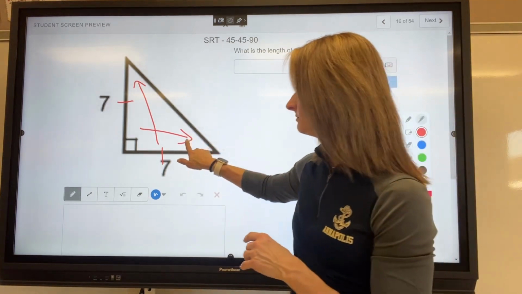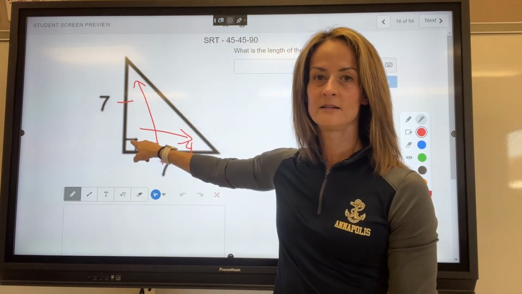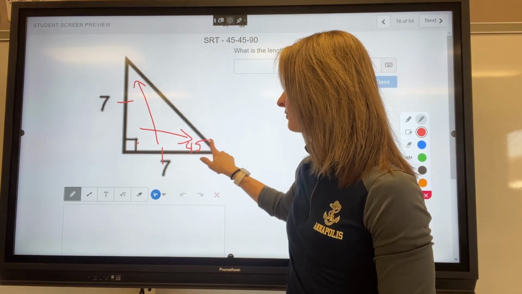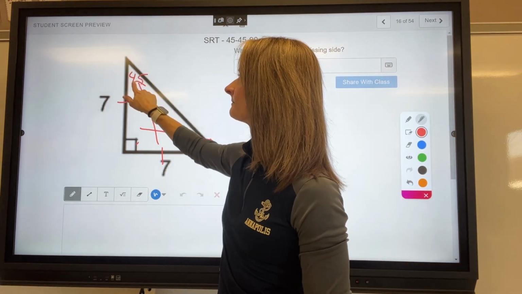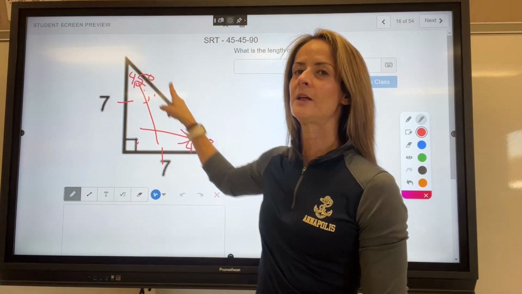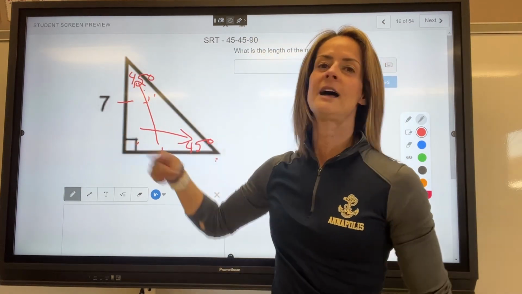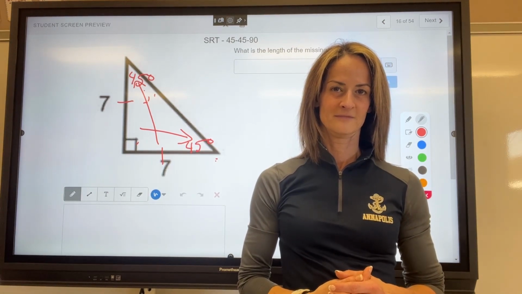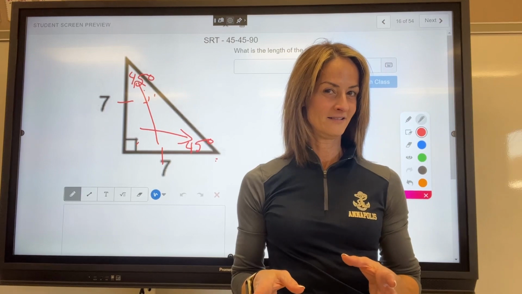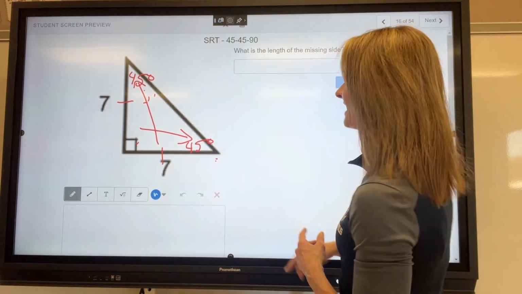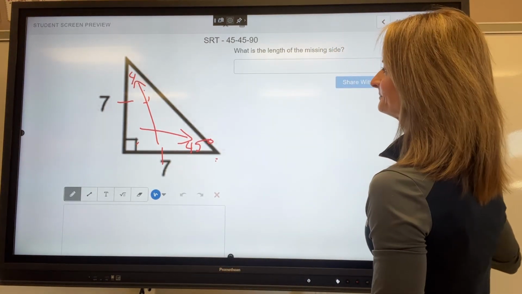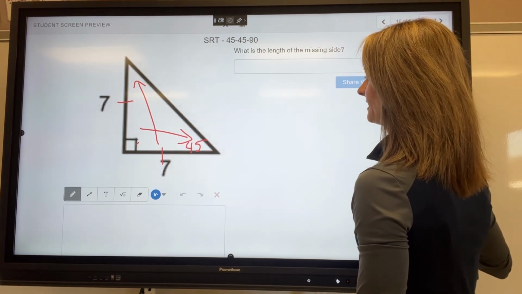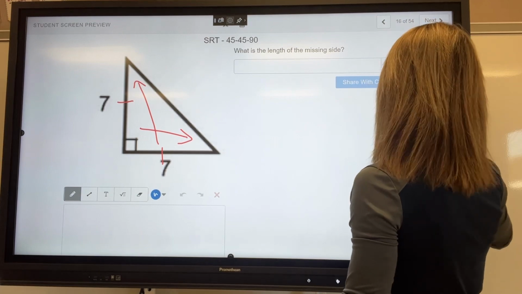So, because that's 90, and these are the same, each of these has to be 45 degrees, because 45 plus 45 plus 90 adds up to 180. Are you good with it now? Okay, so now we've got a whole bunch of extra marks here. That's okay. That's better.